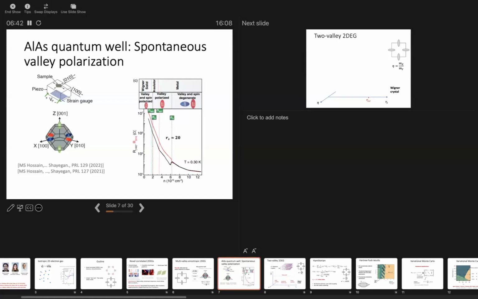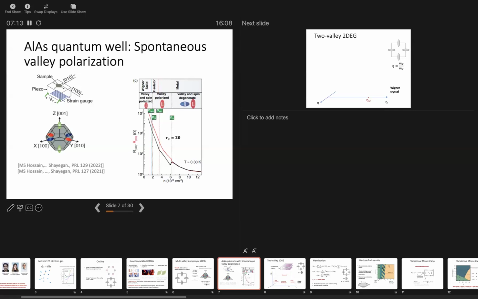Okay, so at large rs, this is an experiment from Shayegan's group. At small rs, or high density, it's just an isotropic fluid. What's plotted here is the ratio of the resistivities in the two principal axes, along x and along y. If the symmetry between x and y is not broken, we should expect the resistivities to be equal, and that is the case at high density.